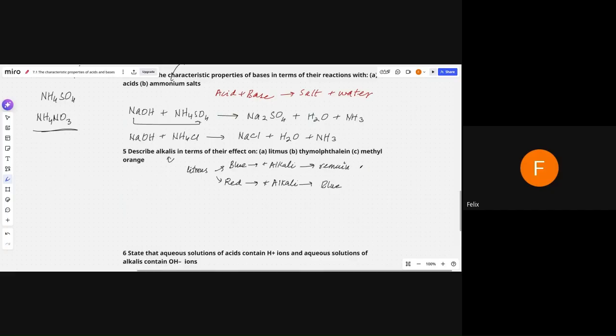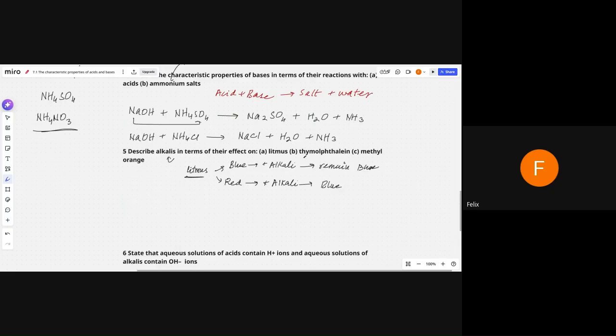You need to remember the color changes, how this indicator called litmus will interact with a base or alkali. For thymolphthalein, it's going to turn blue.